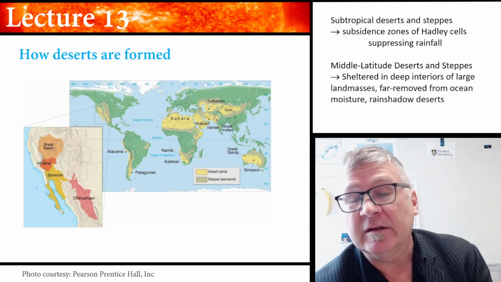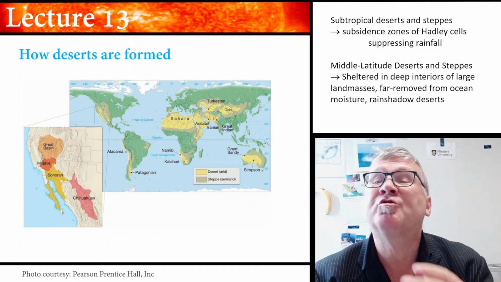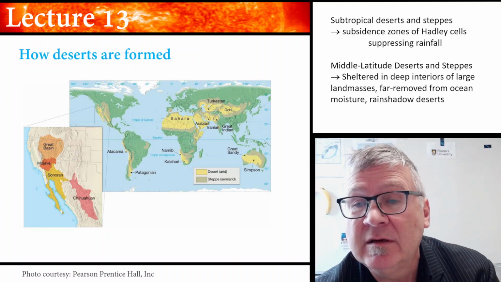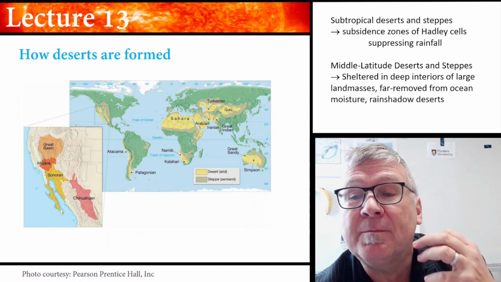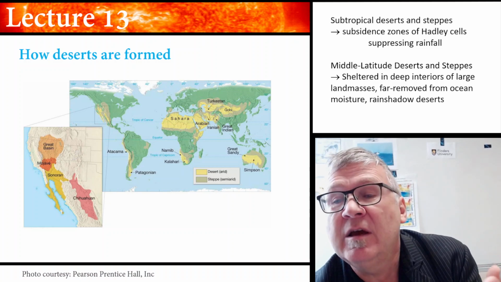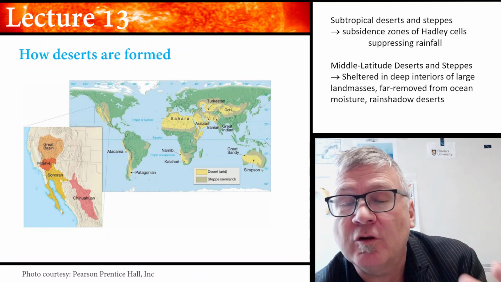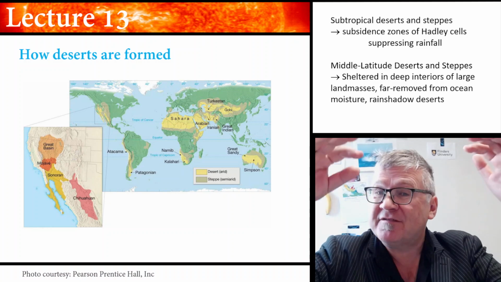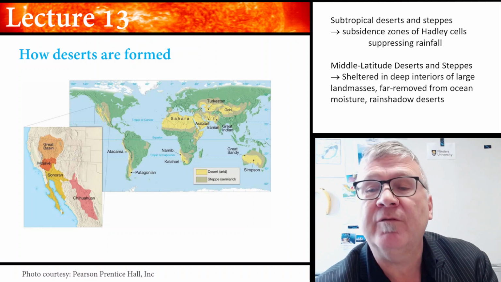We have subtropical deserts, which are linked to the subsidence zones of the Hadley cells, where we have sinking air suppressing rainfall.